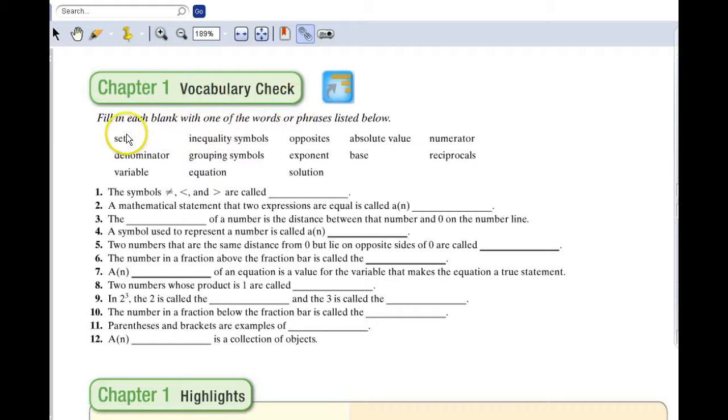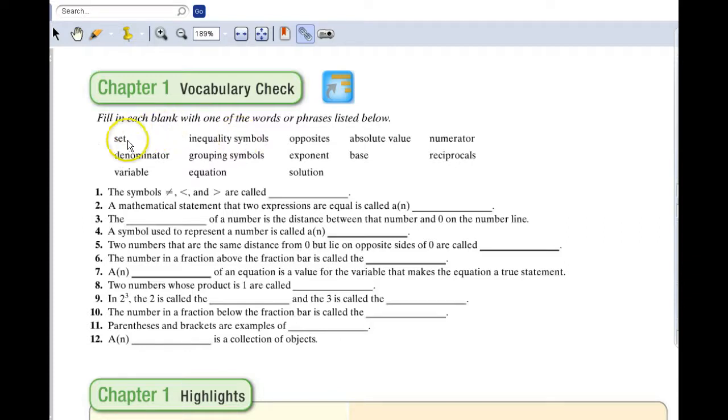Now, you might say, why is vocabulary important? Well, because it's the way we communicate. The textbook to you, questions that the teacher might ask of you or you might ask the teacher. And if we know the vocabulary, things go much smoother.